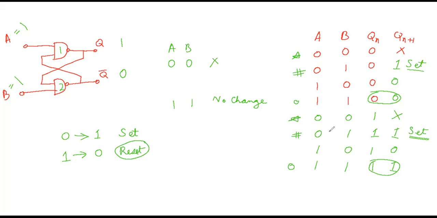Hello. Yes, sir. Now the last case left, and that is 1, 0. So again I'm telling you, a 0 at B will reset the system. If it is 0, no problem, it will remain reset. If it is 1, then also it will become 0. So it is reset.